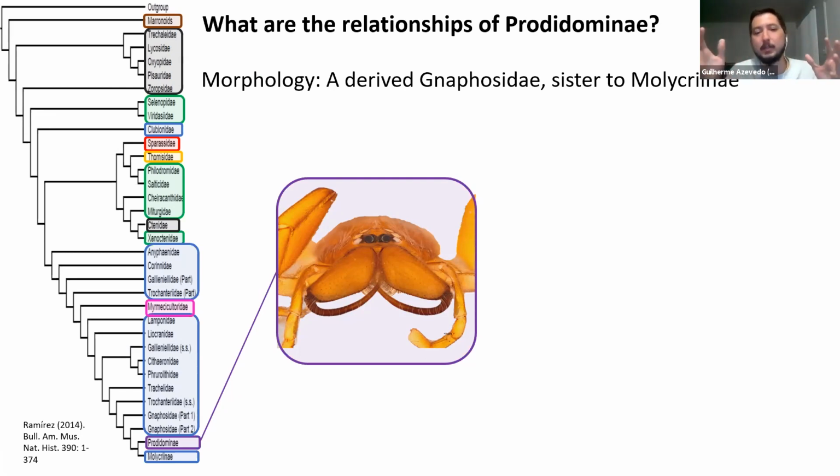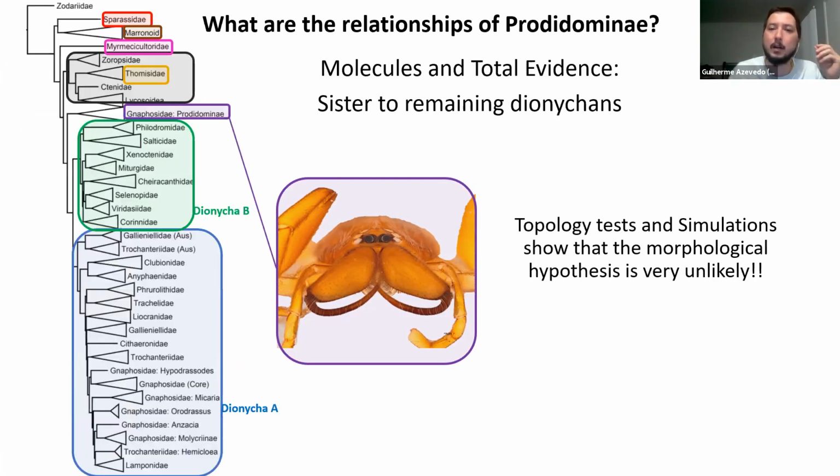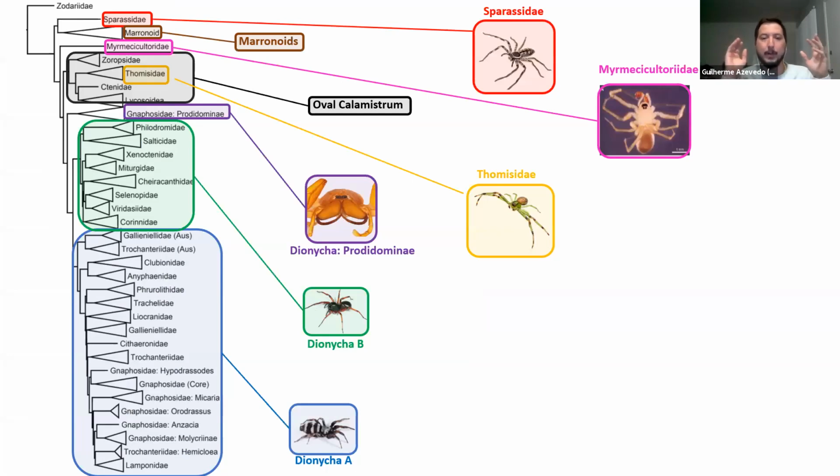The morphology tells that they are Gnaphosidae, but it's not what molecules tell. In our analysis, we show that Prodidomini is sister to the remaining Dionycha. And we did the same test, and the topology test and simulations show that the morphological hypothesis is very, very unlikely.